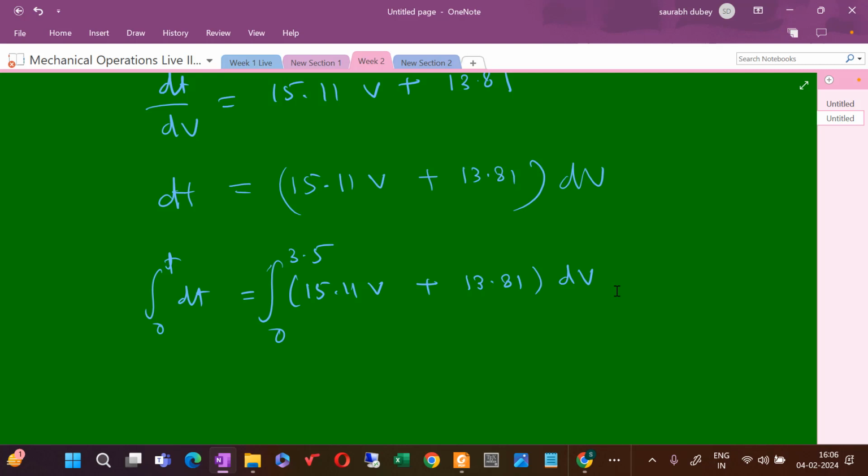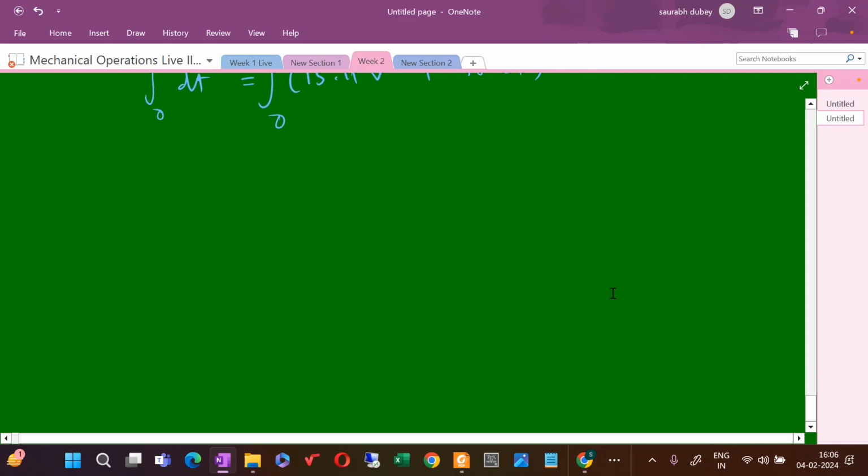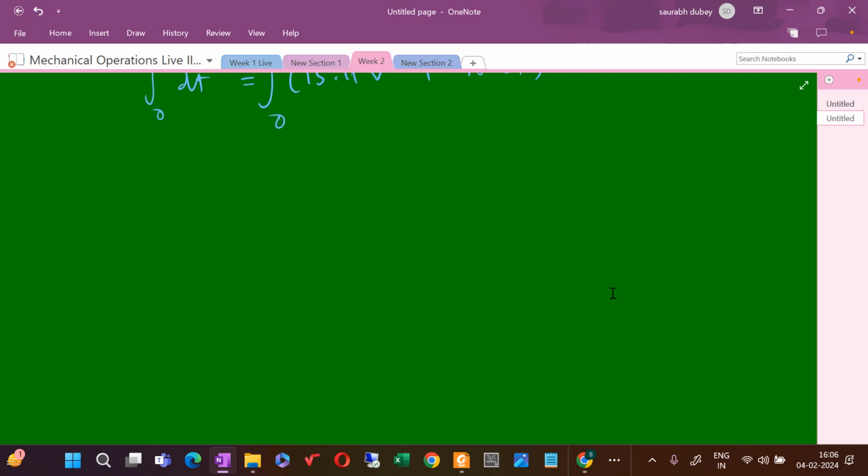So when you solve this integration, t equals 15.11 into v square by 2 plus 13.81v, from 0 to 3.5.